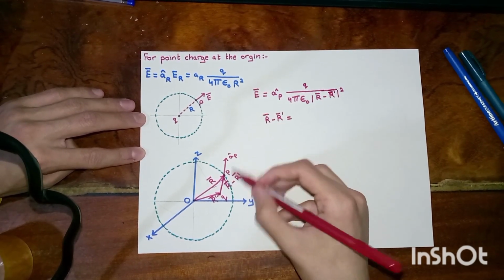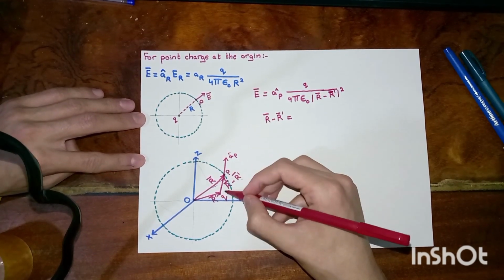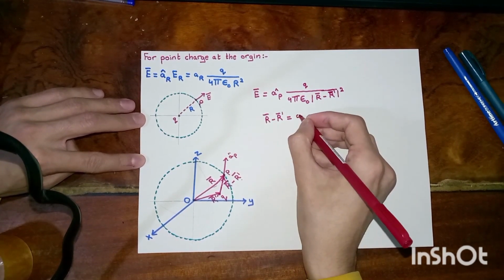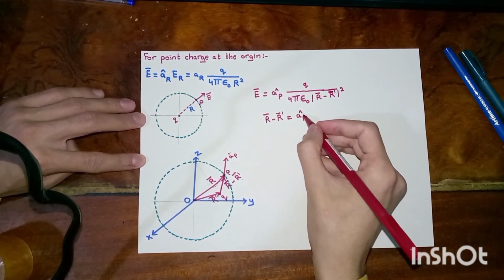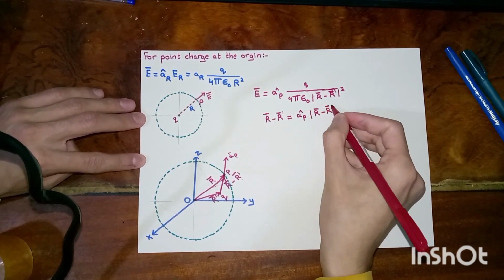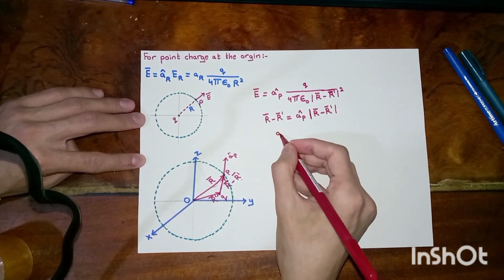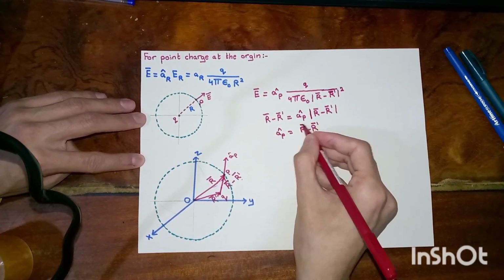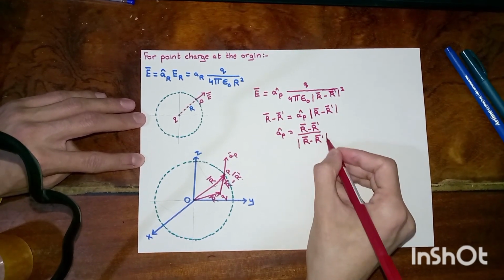It has the direction of A sub P. Look, this vector is pointing in this direction, which is the same direction as A sub P. Also, it has the magnitude of the modulus of r minus r primed. So A sub P, which is this unit vector, equals r minus r primed divided by the modulus, or the length, of the vector r minus r primed.